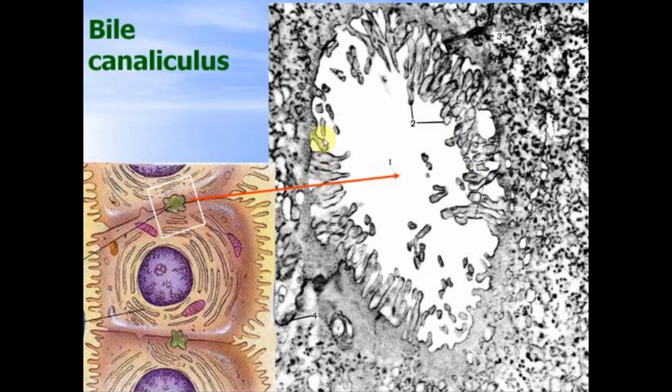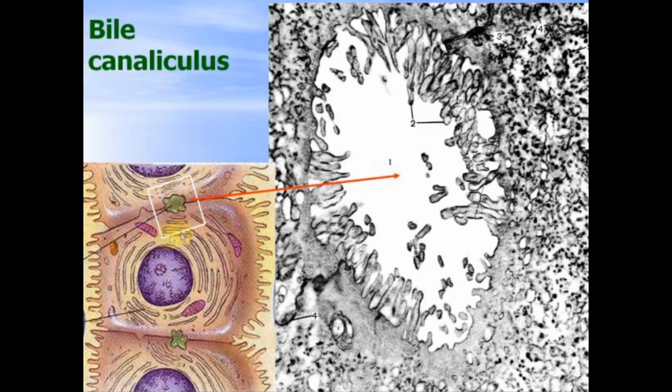It is composed of the grooves of two neighboring hepatocytes, which are connected strongly by desmosomes, and you also see the microvilli, which increase the area for exchange of substances, the diffusion of bile components from the biliary poles of hepatocytes.